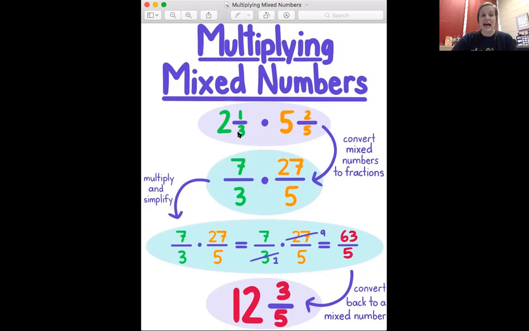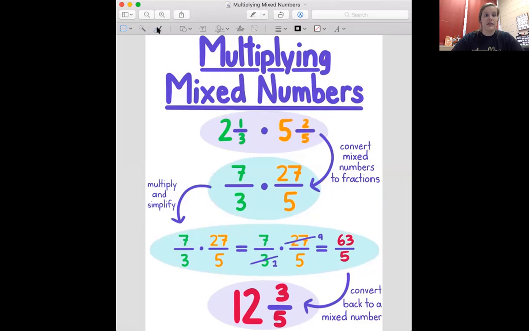And the way you do that is by multiplying your denominator. So in this case, it would be 3 times your whole number, which would be 2. So you have 3 times 2, and then you would add that 1. See if I can mark on here for us really quick. So we would have 3.